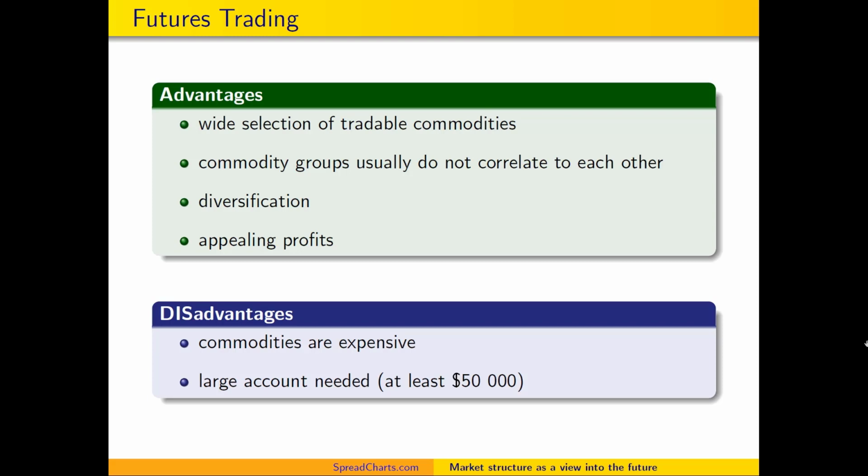So, are there other options when you want to trade commodities with a smaller account? Well, there are. Maybe you heard about the so-called mini futures contracts. These are normal futures contracts, just with a smaller contract size. But in our opinion, they are not a solution. While these contracts are smaller, their size is still too large.